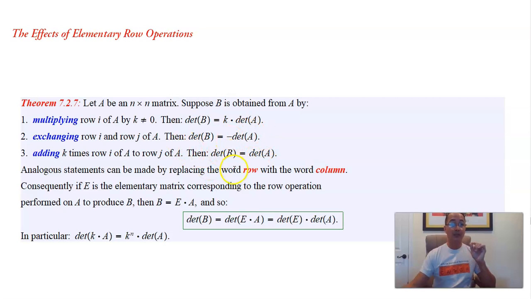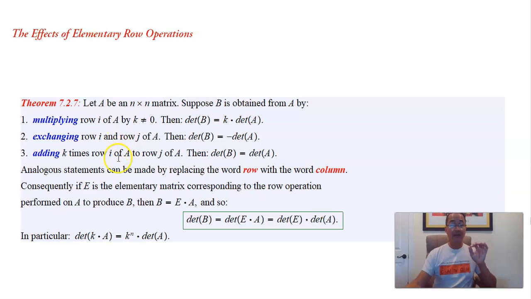How do we think of this using matrix products? Remember that one of the special properties of elementary matrices is that if you multiply a matrix A on the left by an elementary matrix E to get another matrix B, you get B by performing on A the same elementary row operation that you performed on the identity to produce E. But what did we say?